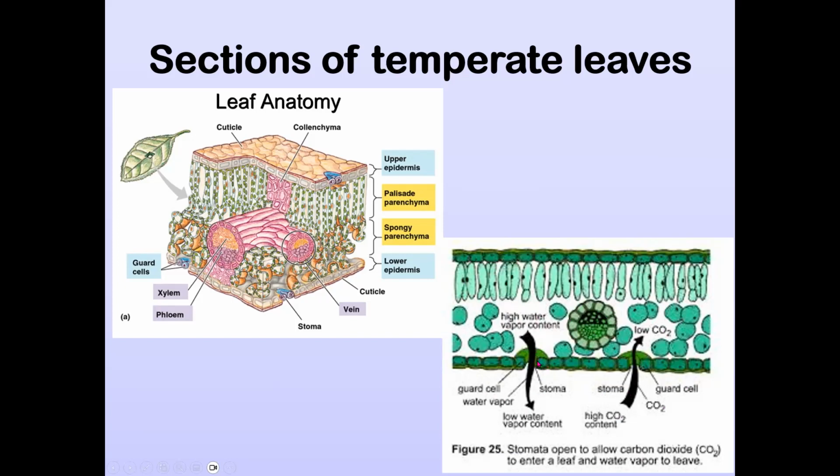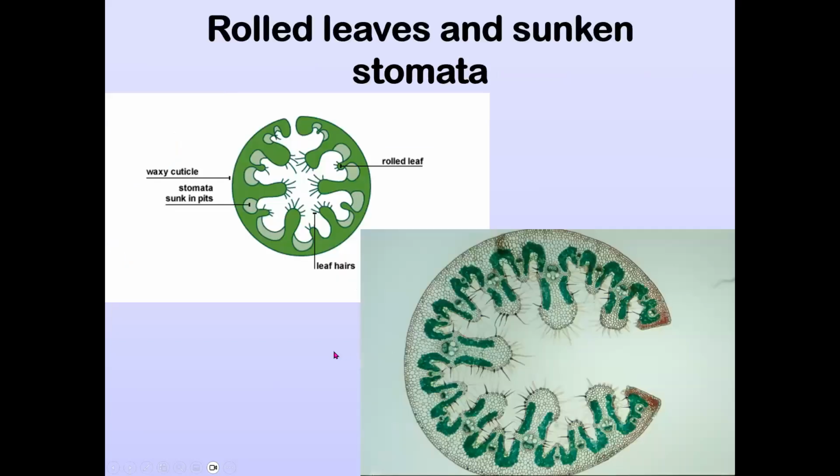Here you can see the stoma, and there's more water inside than outside. Of course, it's very wet. So as soon as they open, water rushes out just because it's in vapor form. But when they're open, carbon dioxide goes in because the plant uses carbon dioxide to make its food, its sugar, its glucose. But they also produce oxygen, and that's when the oxygen comes out, which isn't shown there.